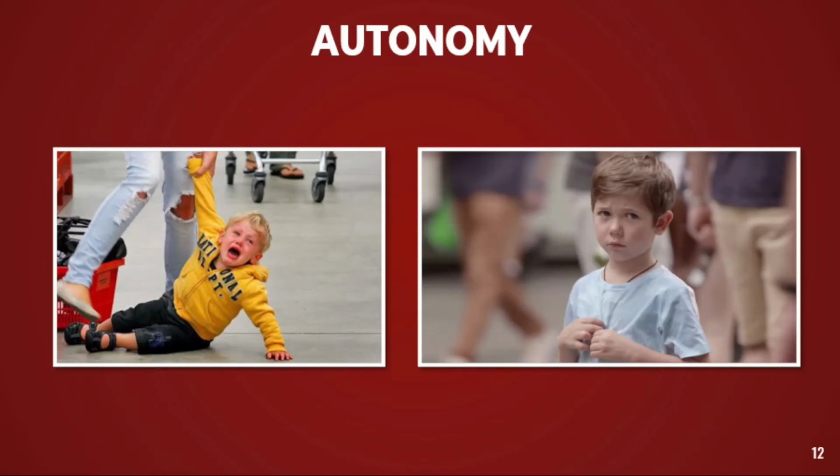When we talk about autonomy, let's take a look at the picture on your left. What do you see? That's a child crying, right? Trying to wriggle away from his mom, he just wants that freedom to run around the mall. You've seen this kind of kids, right? In this way, we can say that the kid is asking for autonomy. Do you agree?